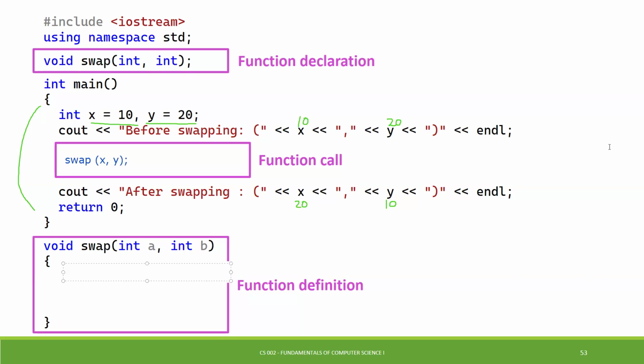I told you that there are predefined functions. What is an example of the predefined functions? You can name several functions, like sqrt. They are all predefined functions. And also there is a predefined function swap.